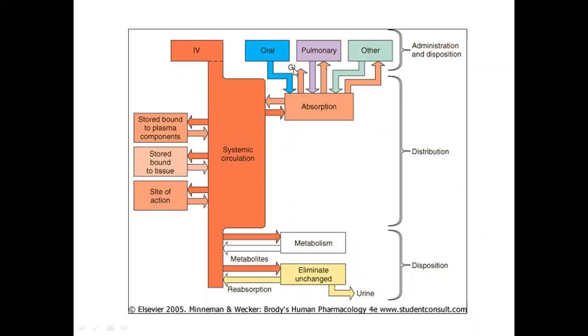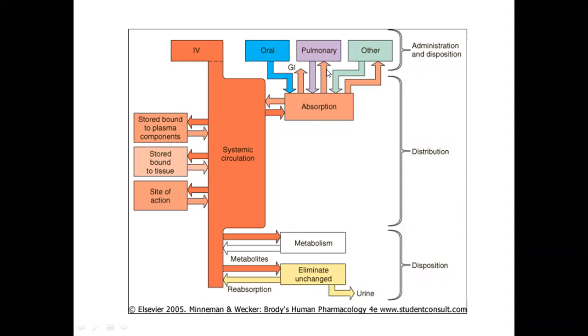The stomach, large intestine and small intestine are all sites of drug absorption, from which the drug is absorbed and passed into the blood, that is the systemic circulation. Then the same path is followed, that is metabolism and excretion.